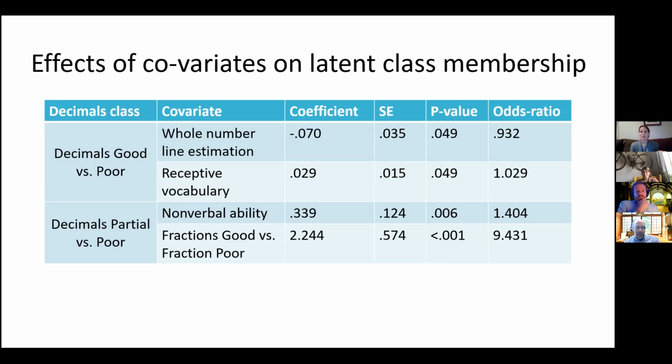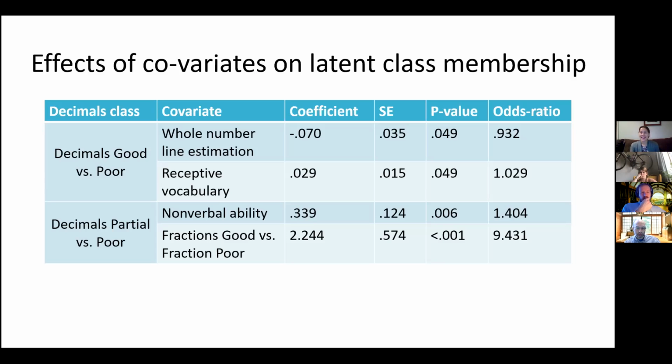But whole number line estimation, perhaps those good students are really using their sense of magnitude to answer and respond to these questions. And that's contrasted with the decimals poor, partial understanding versus poor understanding, the lower rows, where whole number line estimation doesn't differentiate between class membership for partial versus poor.